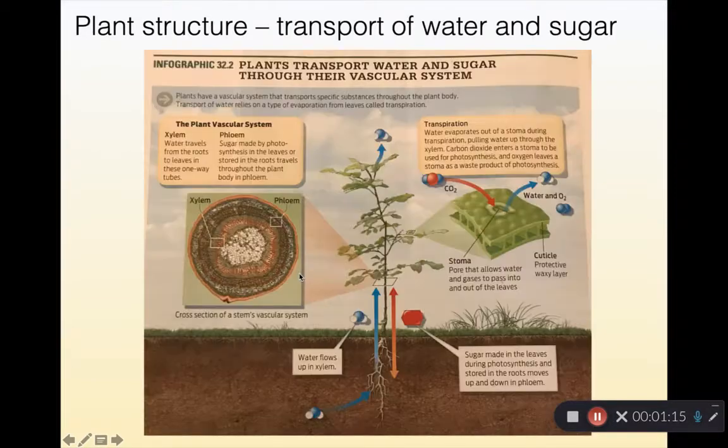So one of the first difficulties plants have is how to get water from the root systems up the xylem and through the air and ultimately evaporate off the top of the leaves.